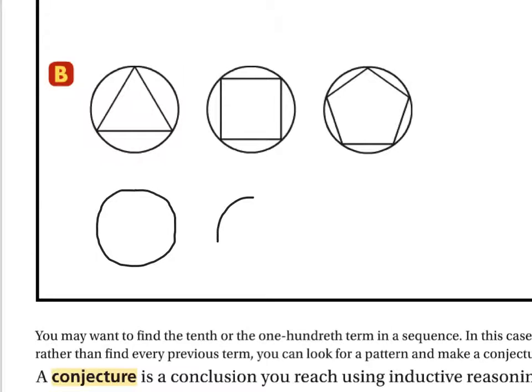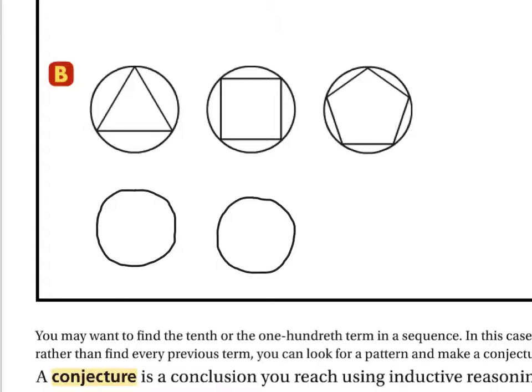It's adding a point every time. It's adding a side to our polygon, or you could say it's adding a vertex or a point. And point meaning actually a corner, a pointy point, not a geometrical point. Okay? Yeah, it's adding a side or adding a vertex to our polygon.